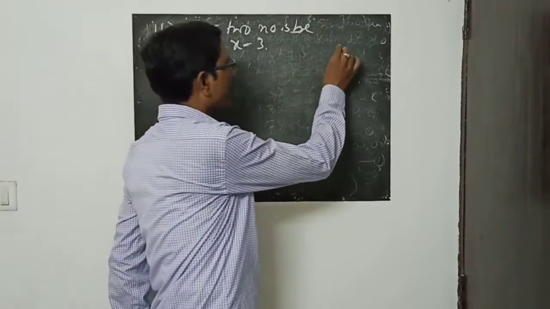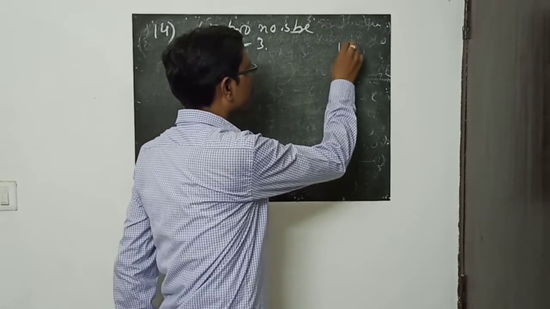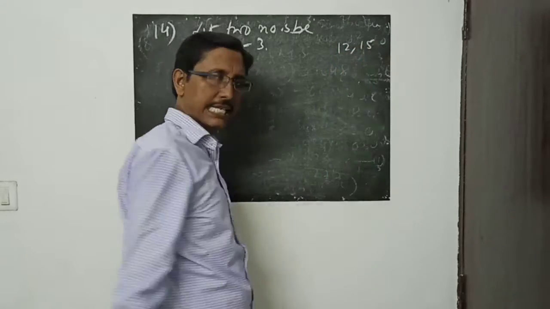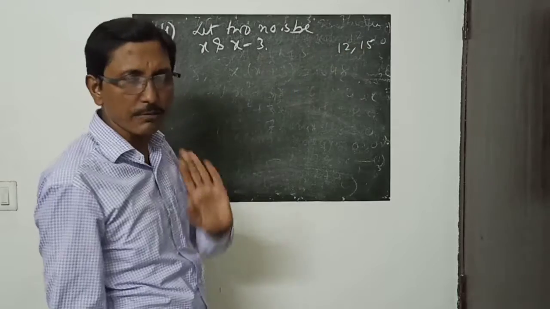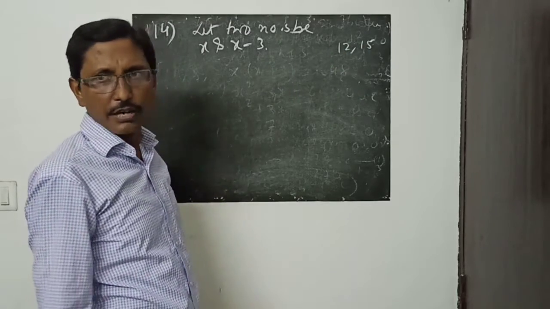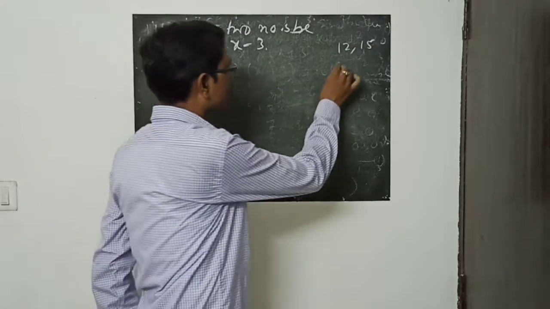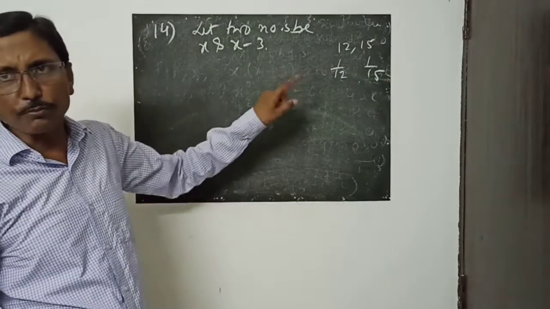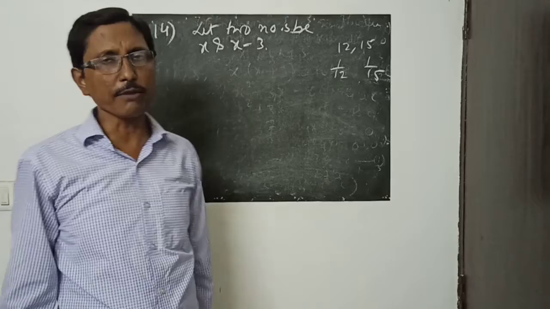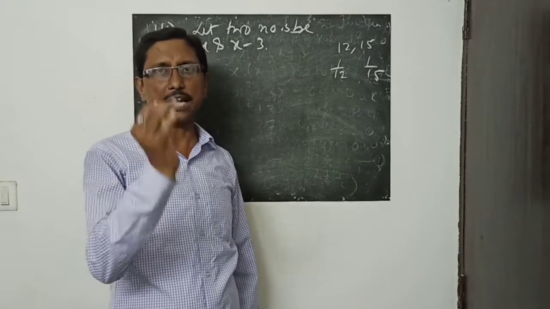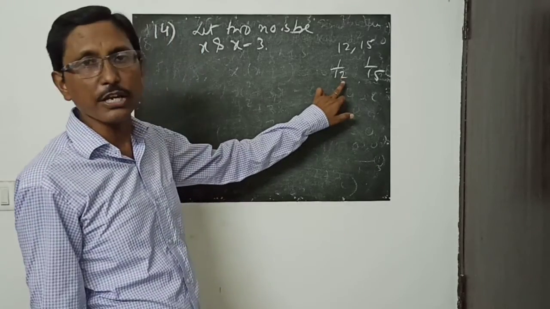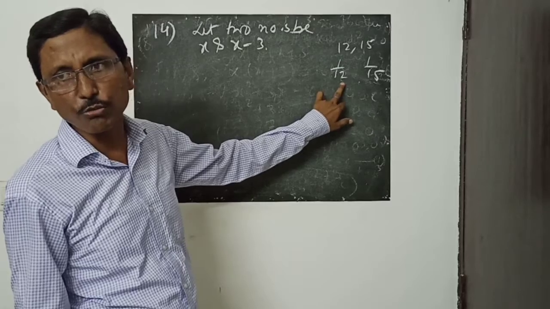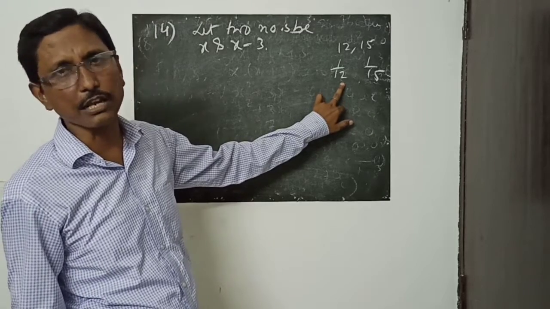Just suppose you have two numbers, for example 12 and 15. The difference is 15 minus 12. But for the difference of the reciprocals, the reciprocals are 1 by 12 and 1 by 15. Out of these two, which one is larger? 1 by 12 is larger. The one whose denominator is smaller will be the larger.